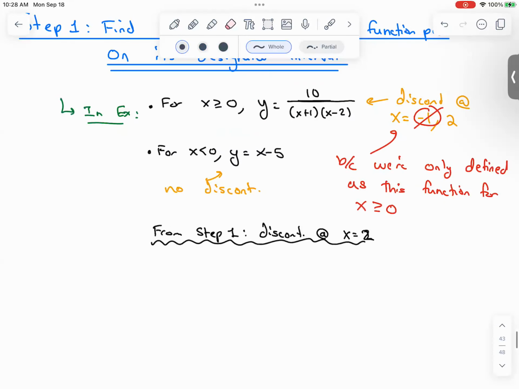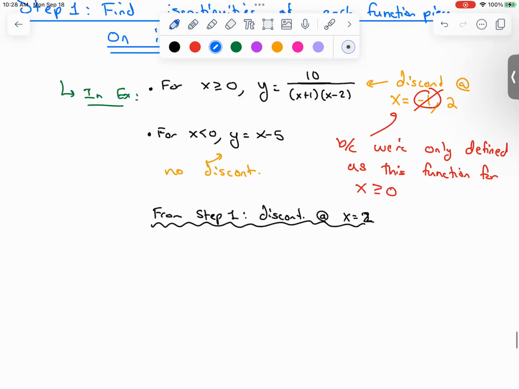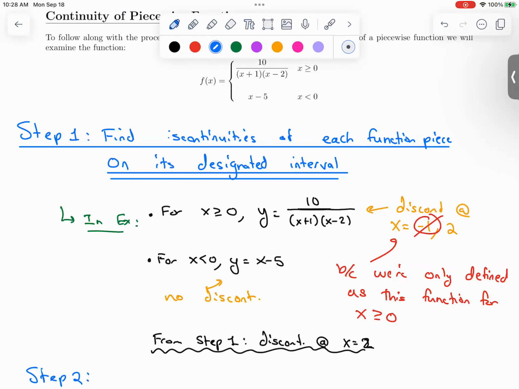So, step 2. Let me not underline that, because then my underline doesn't look great. What would you think would be the next step? We've checked the pieces. What else do we need to check? There are values that divide the interval into two different functions.